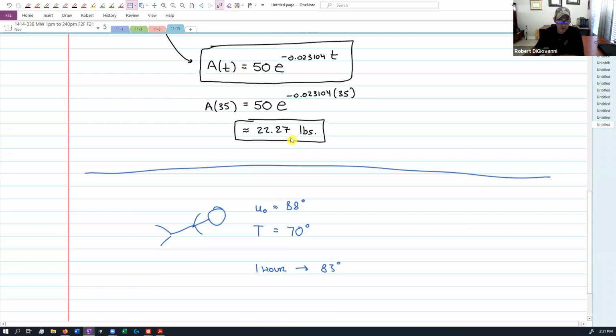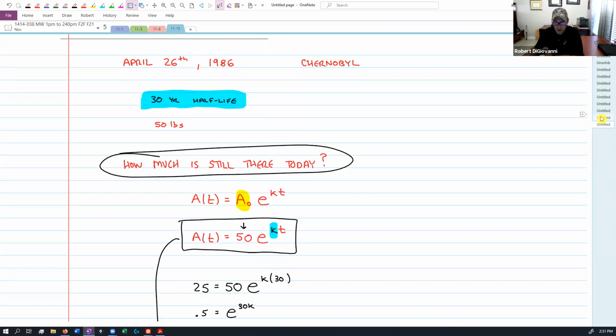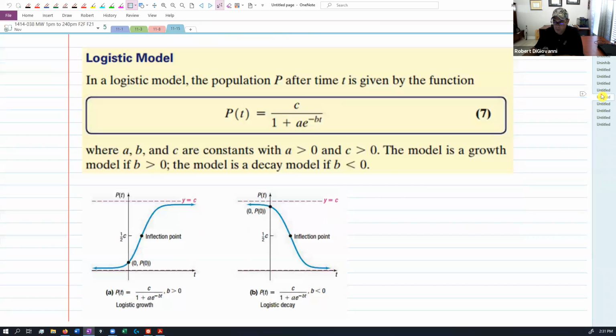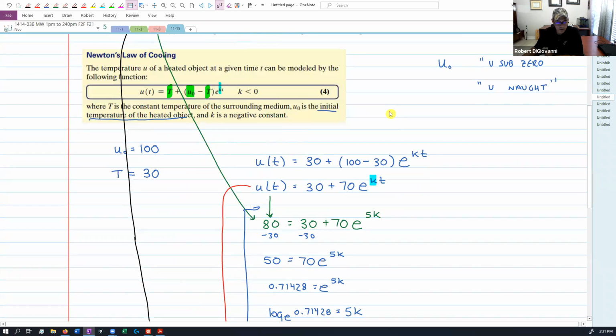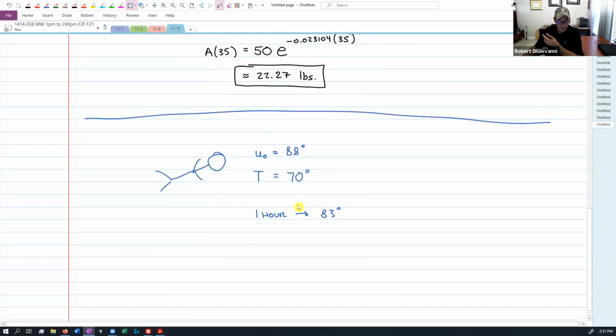And then what they can do is exactly what we did here. They say, okay, we know the temperature of the body when we showed up was 88. And then instead of 5 minutes later, it would be an hour later, whatever the temperature was.